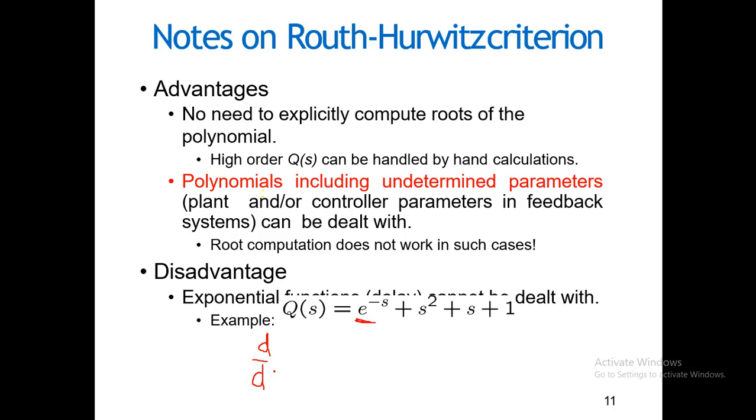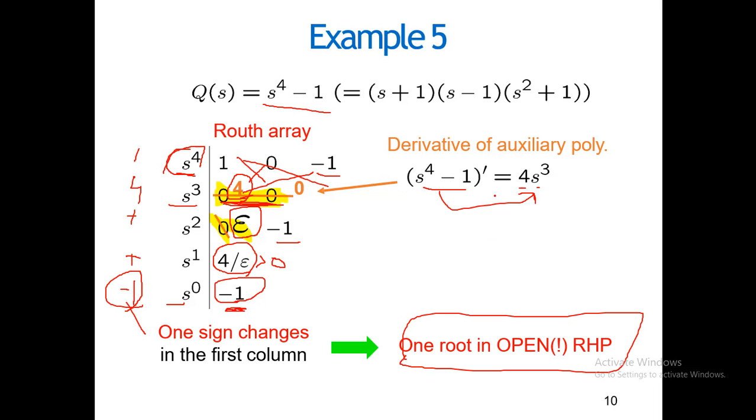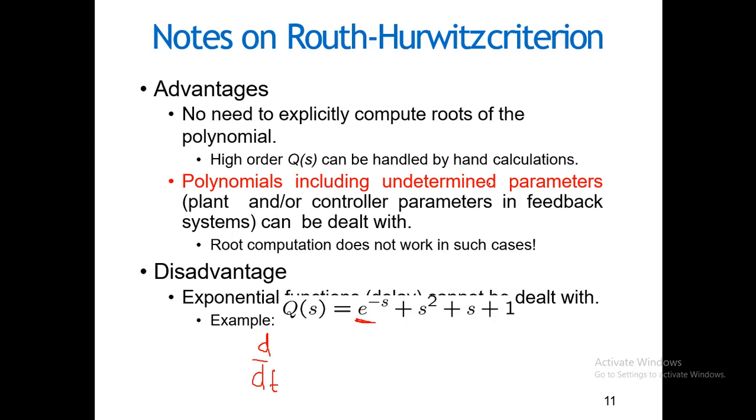There were several cases in the previous examples in which we took the derivative of the auxiliary polynomial. So as long as you are using exponential functions, you will be facing some kind of delay, known as the computational delay or the complexity cost associated with this RH criteria.